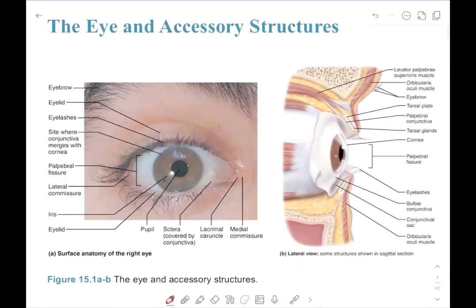We see the accessory eye structures on this slide that were just mentioned: the eyebrow, the eyelid, the conjunctiva, the palpebral conjunctiva specifically, the palpebral fissure, which is the slit between them, and the bulbar conjunctiva. Again, the conjunctival sac would be where you would put your contact lenses in or administer medication.